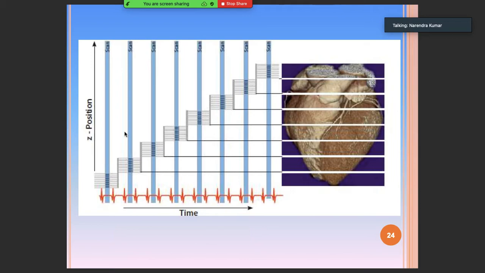And the minimum scan to cycle time between two consecutive ECG triggered scans depends on the table feed between the two scans and on the acquisition time of one scan. So a usual scan cycle time of the modern multiple slice CT scanners is in the range of like 0.8 to 1.5 seconds.